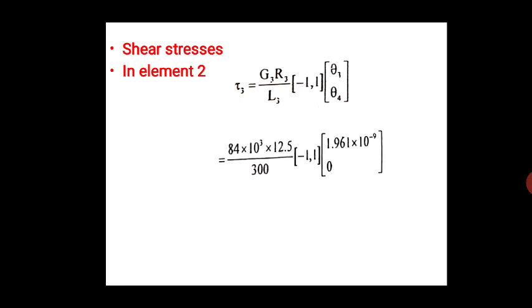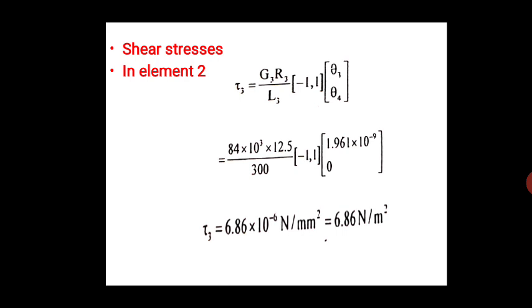Since there is no angular displacement at node 4, theta 4 is taken as 0, and G3 is 84 into 10 raised to 3, R3 is 12.5, that is the radius is 12.5, and the length of the third element is 300 mm. On solving the above equation, we have the shear stress for the third element as tau 3 is equal to 6.86 into 10 raised to minus 6 Newton per mm square, or 6.86 Newton per meter square.